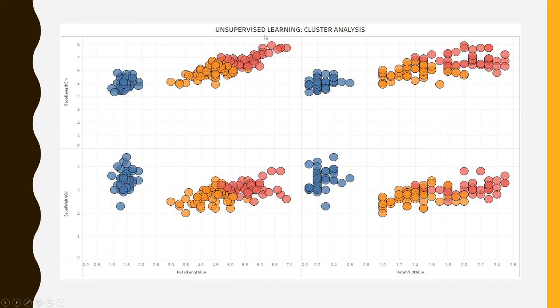Maybe this blue will be setosa, because iris has three types of species. So according to petal length, petal width, sepal length, and sepal width, we have created three clusters, and these three clusters will further be the three species of the iris flower.